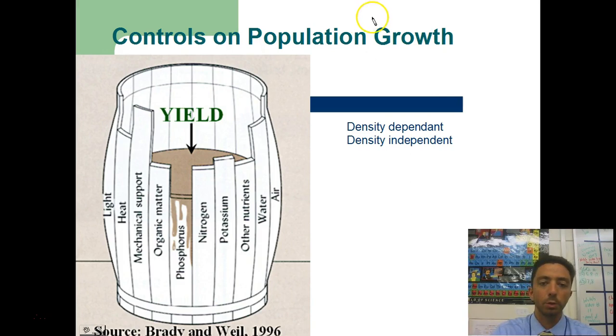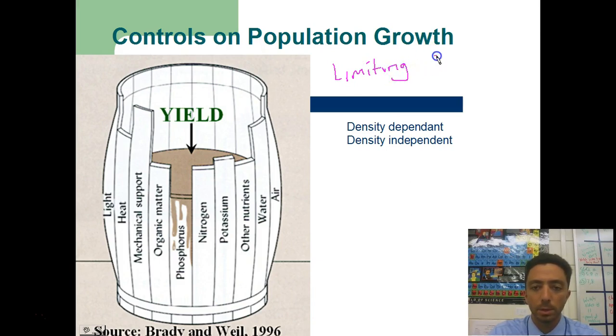Controls. So there are a lot of controls on population growth. This is a very classic model for this theory, and this is the barrel theory for population growth, or the barrel model would probably be a better way to phrase it. There is some sort of limiting factor, and this limiting factor is really important for our purposes.